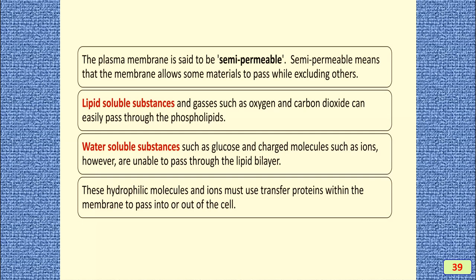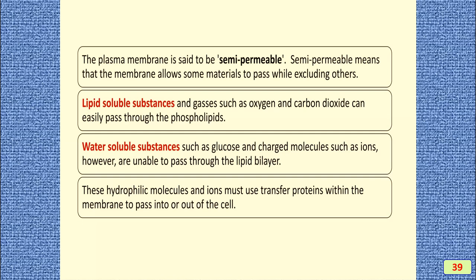The plasma membrane is said to be semi-permeable. Semi-permeable means that the membrane allows some material inside the cell while excluding others. Lipid-soluble substances and gases such as oxygen and carbon dioxide can easily pass through the membrane phospholipids.